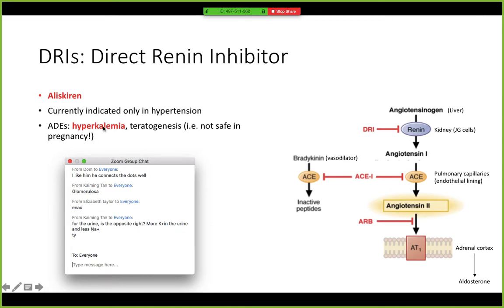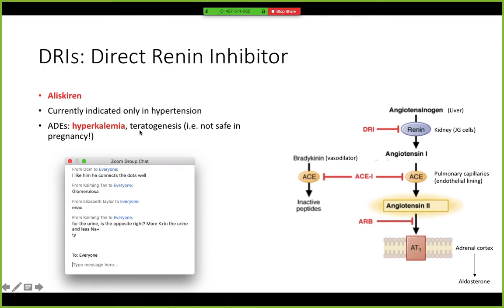Because if you think about the mechanism that we talked about with the principal cells, the end result of increasing angiotensin II and aldosterone was hypernatremia and hypokalemia. Well, if you're inhibiting the conversion of angiotensinogen to angiotensin 1, you're going to end up with less angiotensin II.